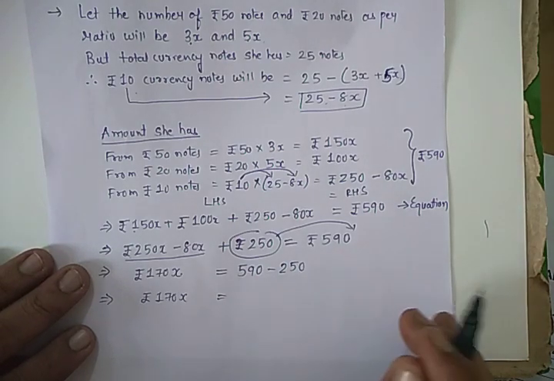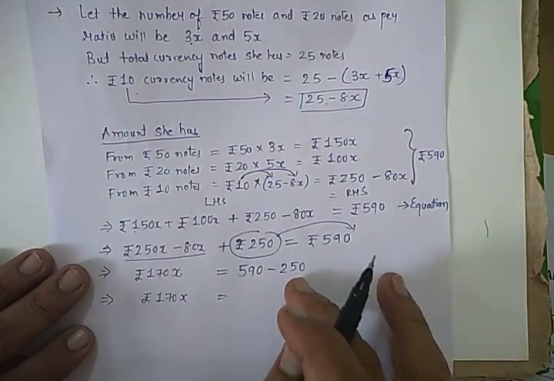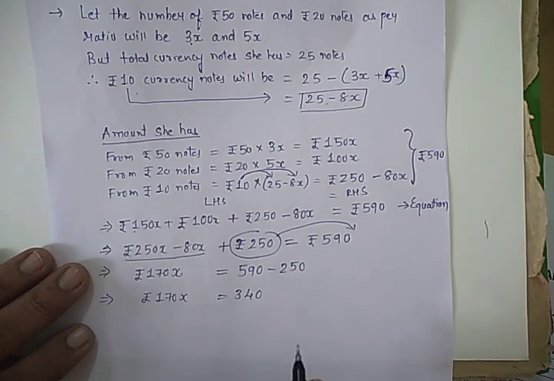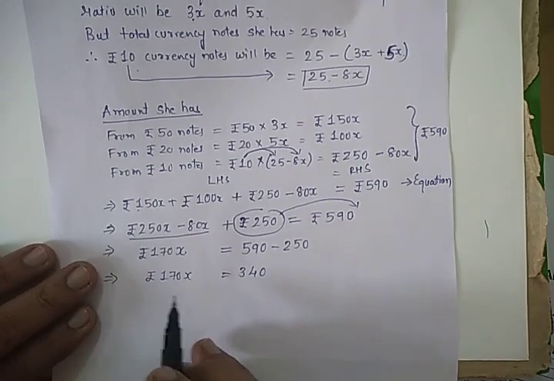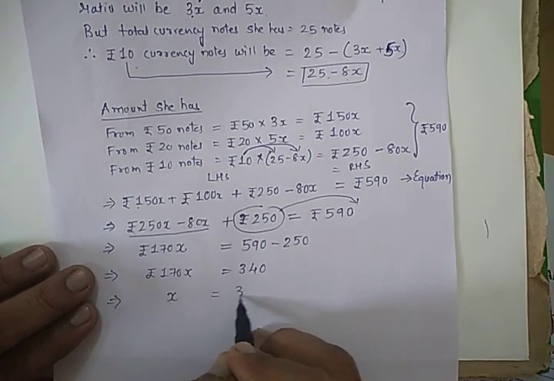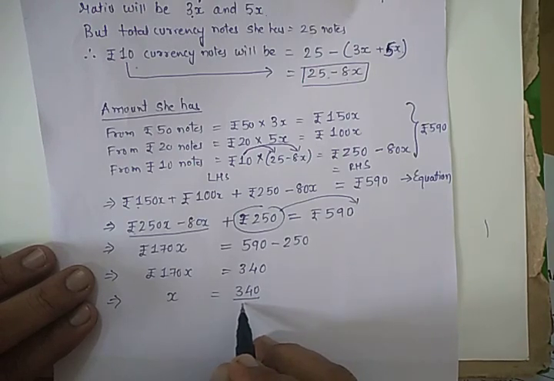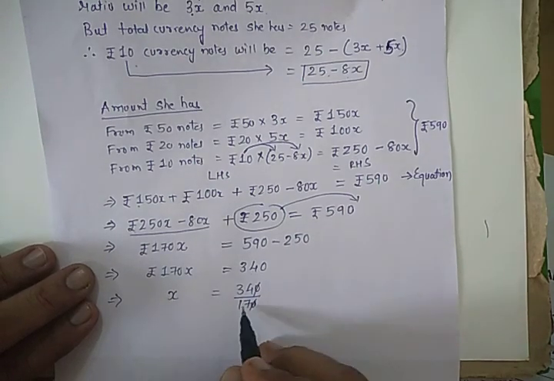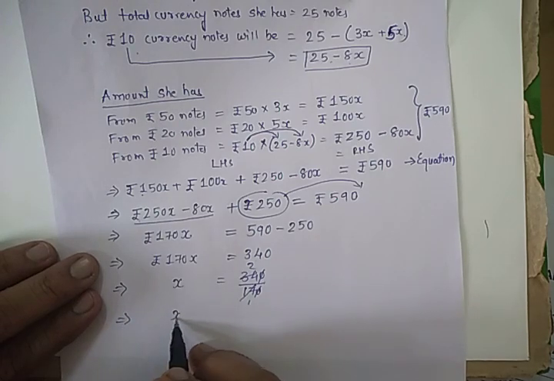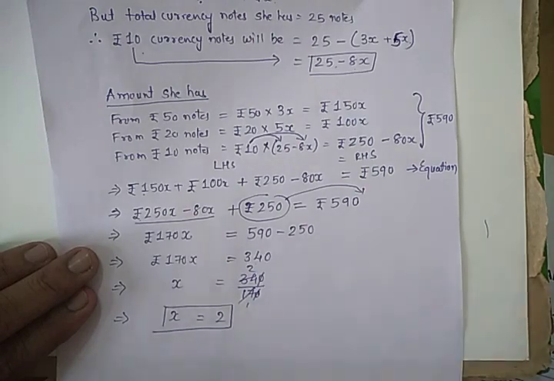Friends, we have to subtract this one, so 340. Now we want the value of x. So x is equal to 340 divided by 170, since 170 goes to the other side in division form. 17 ones are 17, 17 twos are 34. So the value of x is equal to 2. Clear, friends?